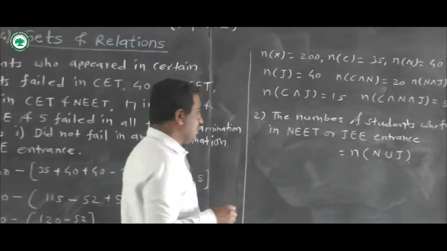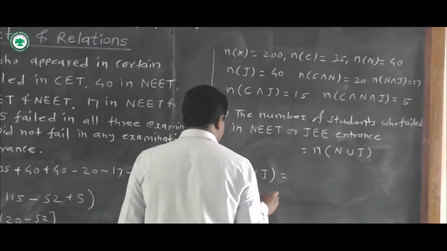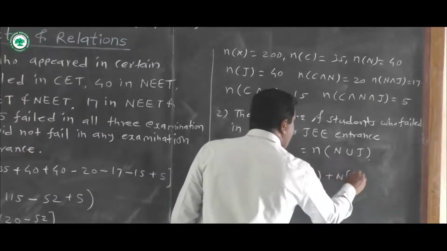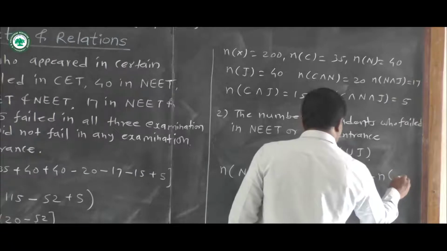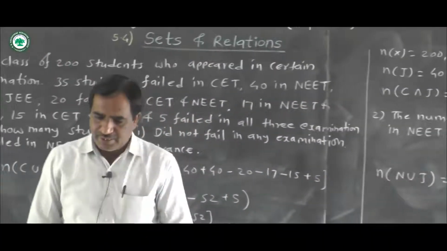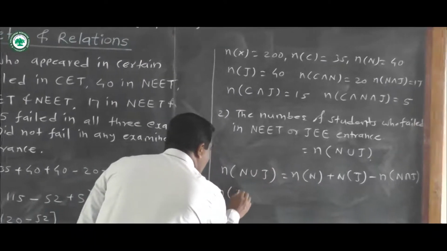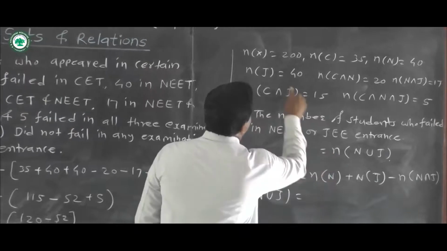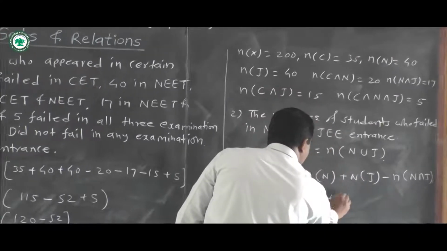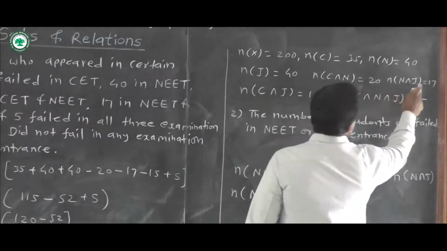We can use a formula for this. We know that the number of N union J is equal to the number of N plus the number of J minus the number of N intersection J. We put these values here: the number of N is 40, plus the number of J also 40, minus the number of N intersection J, which is 17.